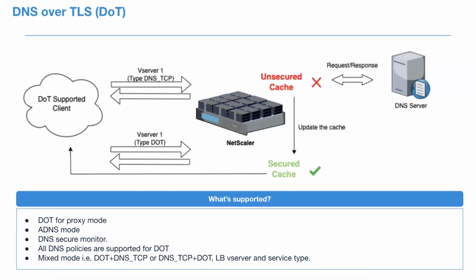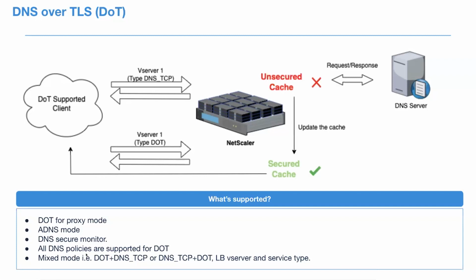In the mix mode, you can have DoT in the front end and DNS TCP in the back end, or vice versa. This gives customers the flexibility to secure the front end listening channel, as they can trust the back end also, because we support both modes together. So this is overall how we have implemented it.